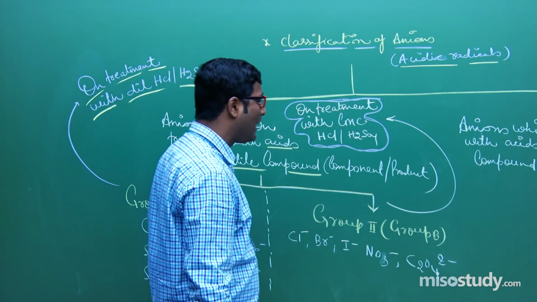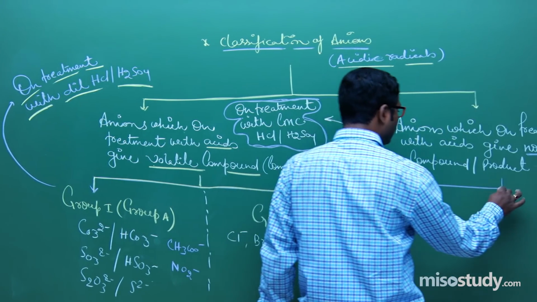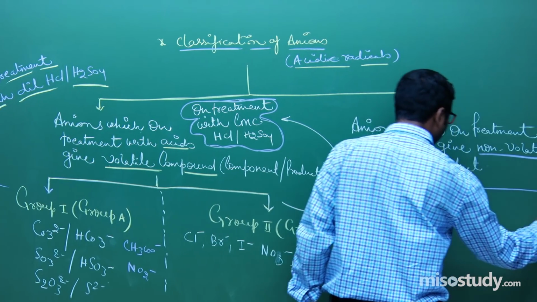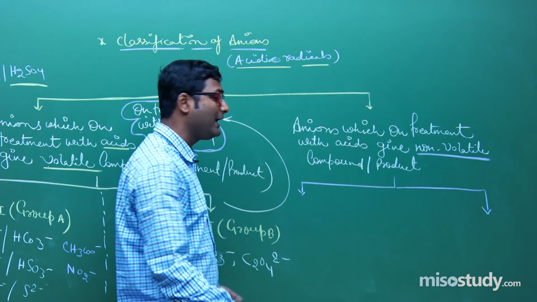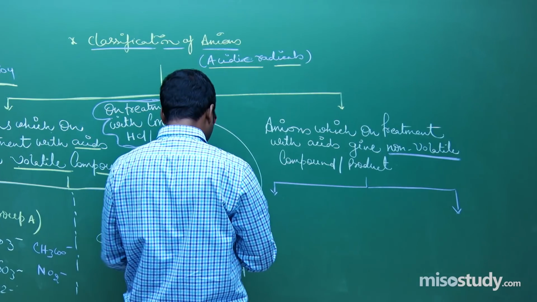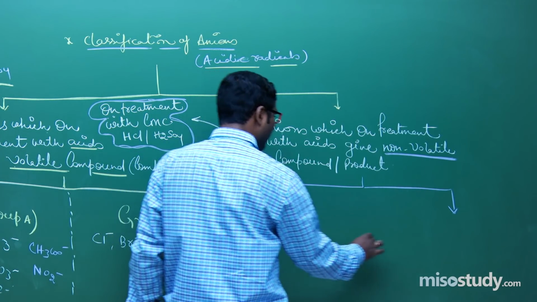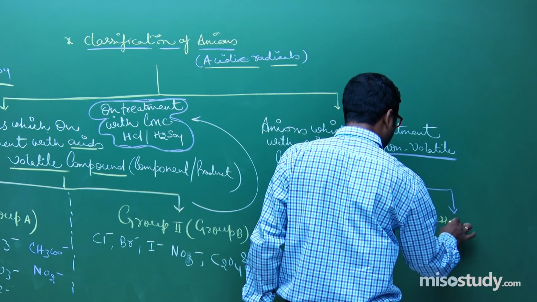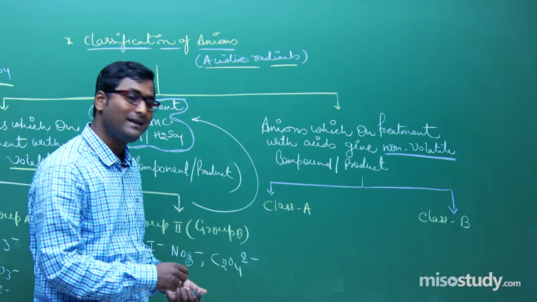Clear to you? Now if I move here, it is again further classified into two types, group 1 and group 2, or class A and class B. Now the classification is based on the reaction.